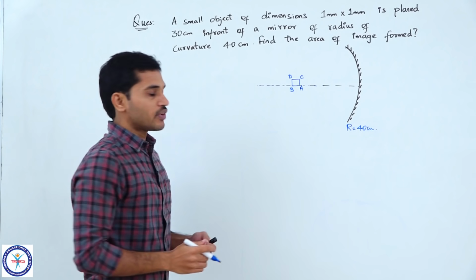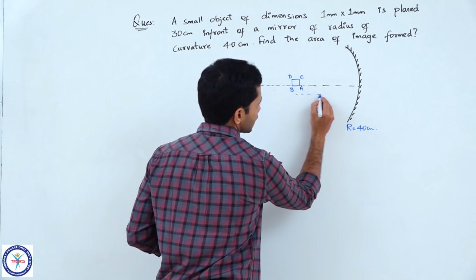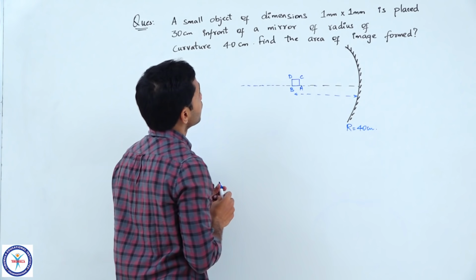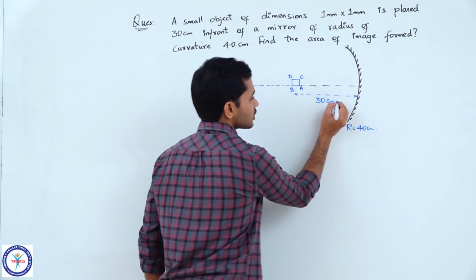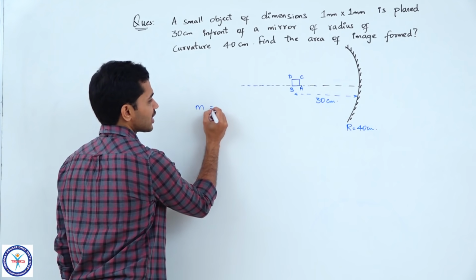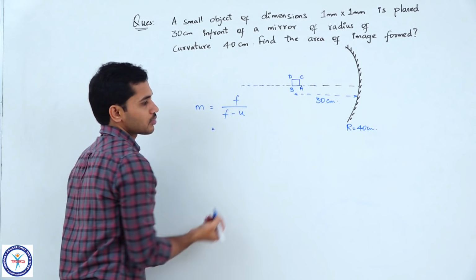Okay. Now let us try to find the image. So first thing, because this is anyway a small object, the distance at which it is present is given as 30 centimeters. So first I will find the lateral magnification. We know the expression for lateral magnification as f by f minus u. So I will just substitute the values.